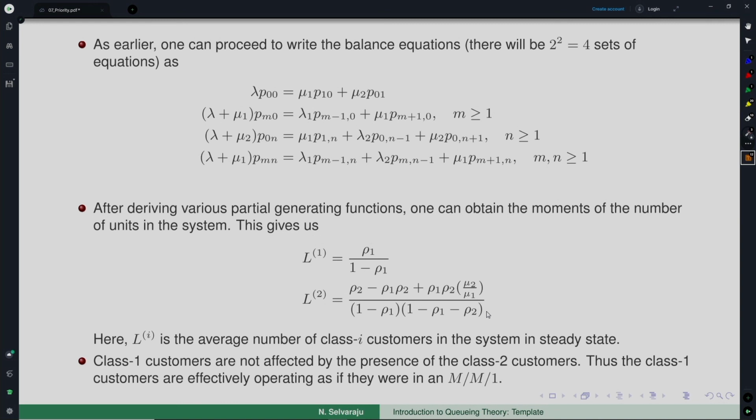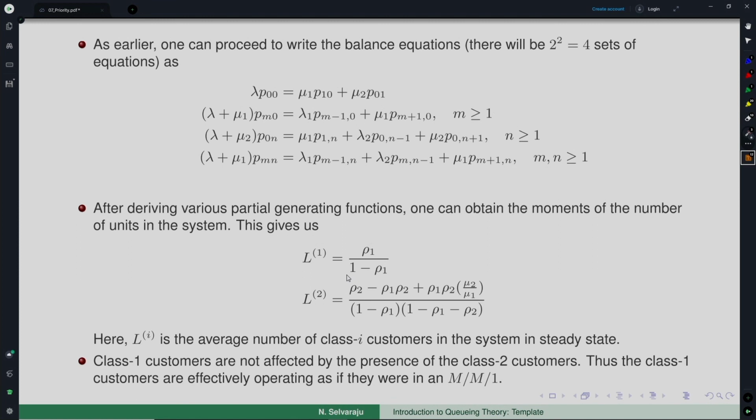But what this tells is, look at the expression for L1. Doesn't it look like what you would see in a typical MM1 queue? With preemption, the priority 1 customer will behave as if it is an MM1 queue for him.